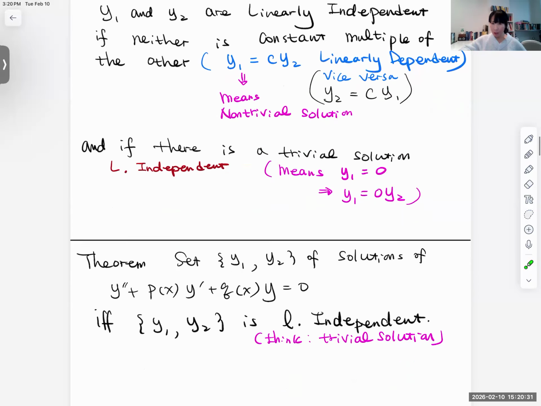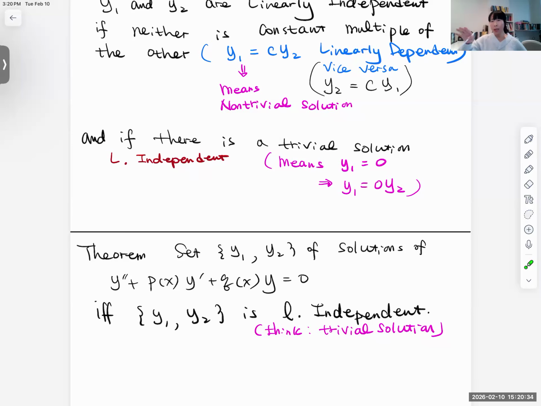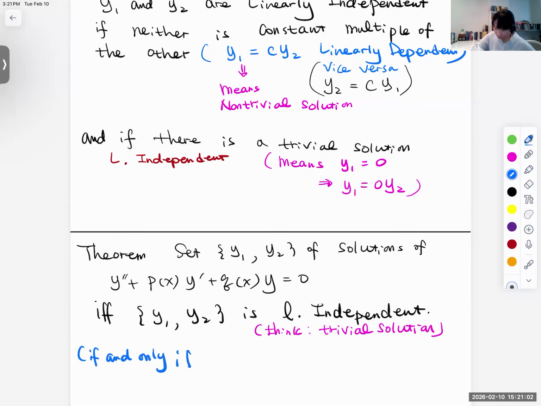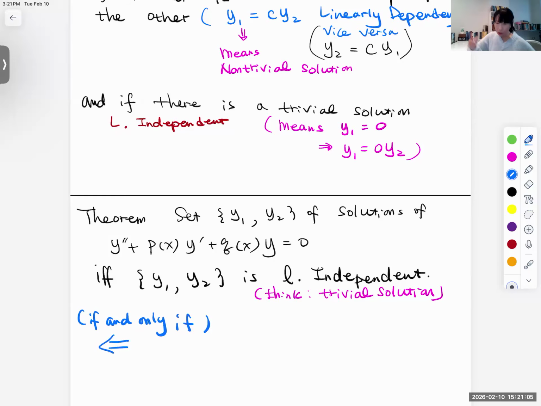Now, we had the linear combination expression earlier, and y sub 1, y sub 2 is also a solution of the homogeneous differential equation, right? So in that case, we have if and only if. That means going this way makes a true statement, and going the other way makes a true statement, right?